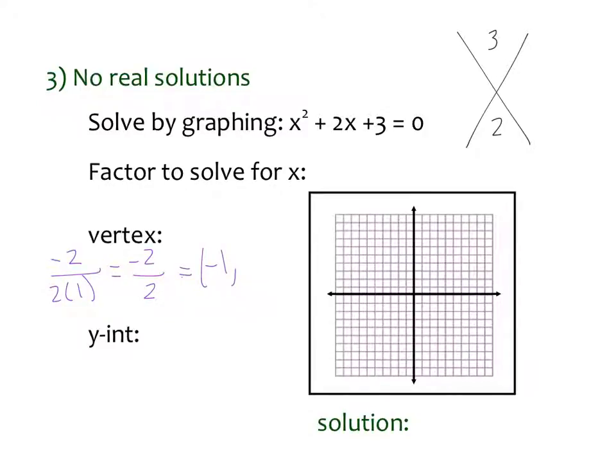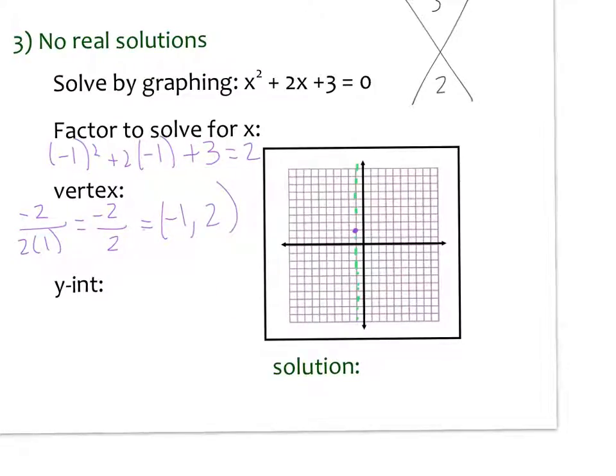I'm going to go ahead and plug that into my equation to find my y-coordinate. So -1 squared plus 2 times -1 plus 3 gives me 2. So my vertex is (-1, 2), and I'm going to go ahead and plot that right now.